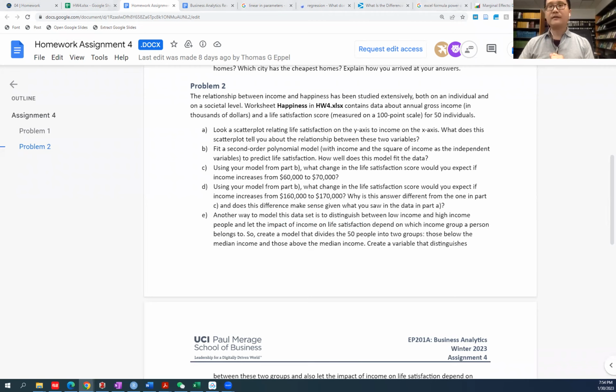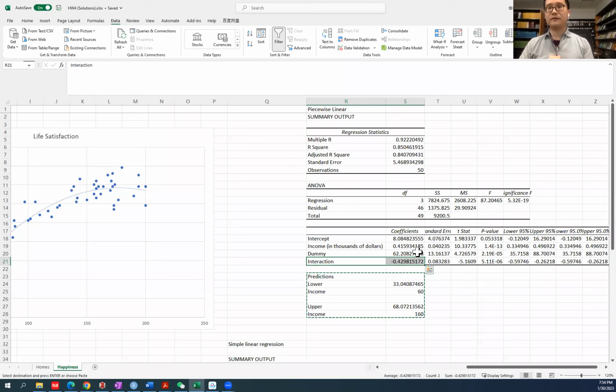So that's why this model output is quite useful. It tells us exactly that the coefficient differs between two groups. Let's show what I meant. So there's a low income and high income group, right? So that'd be about how we construct the regression equation.